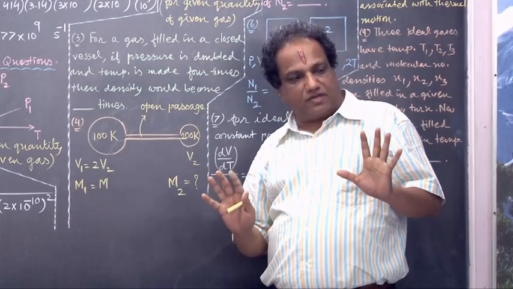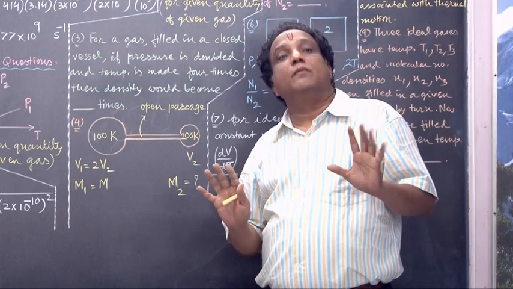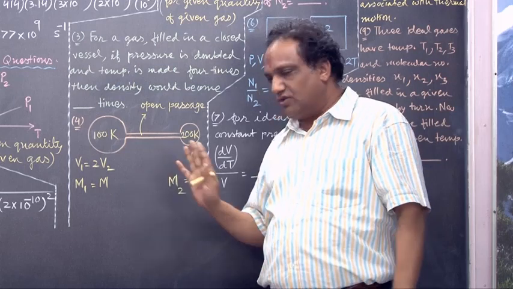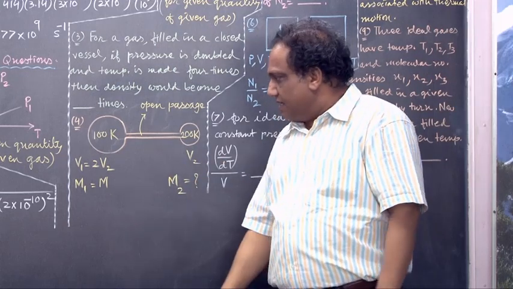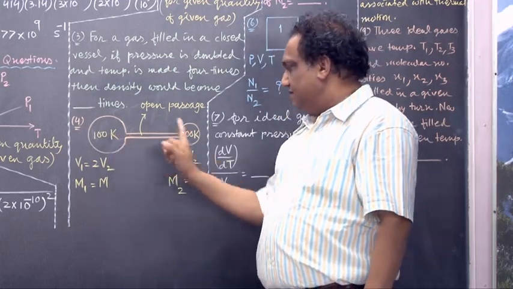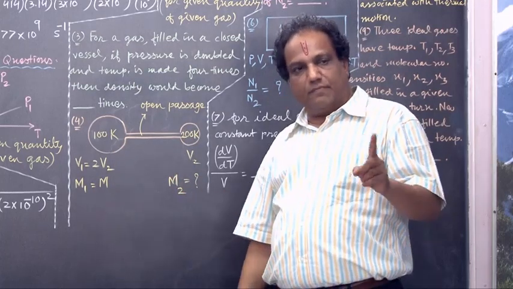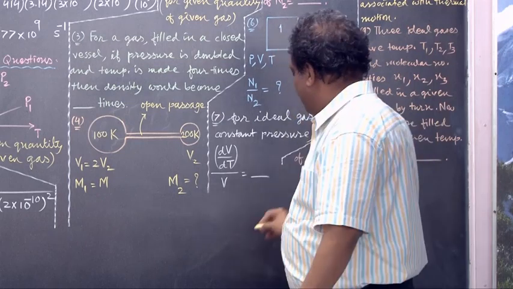But after some time, what must have happened? Pressure in the entire volume must have remained constant. Correct? So P is constant. Now temperatures are different, volumes are different, masses are different. Only pressure is constant. Now tell me.